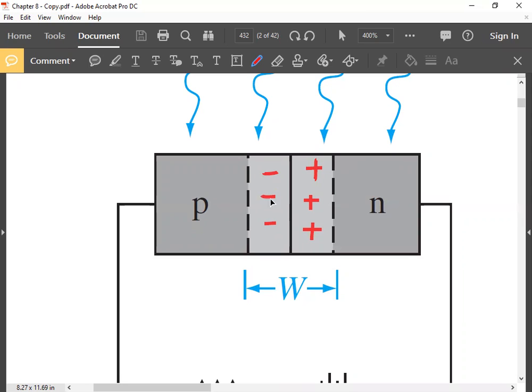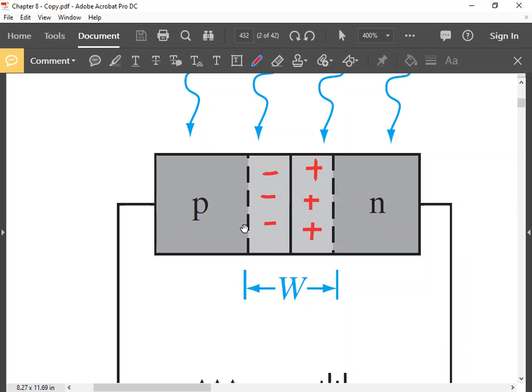Okay. So in total, contribution from three regions will come to the optically generated current. One contribution will come from the carriers generated within this W. If the cross-sectional area of this PN junction is say capital A, the volume of this region is A into W, right? Yes, sir. Another contribution of carriers will come from this region within one diffusion length of the P region, Ln.